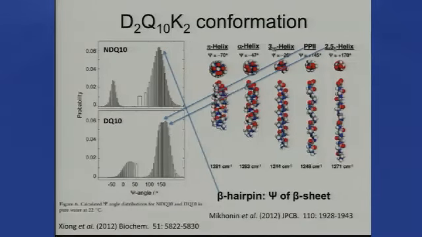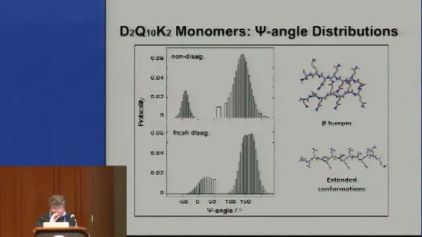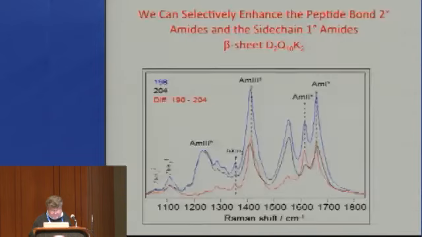And it turns out that if we calculate the psi angle distributions using the methodology I described previously, you find that form 1 is this PP2 2.51 helix conformation in equilibrium, while the other is the beta sheet, and you can see that you have turns as well that enable the beta hairpin conformation, which we propose looks like this compared to the extended conformation.